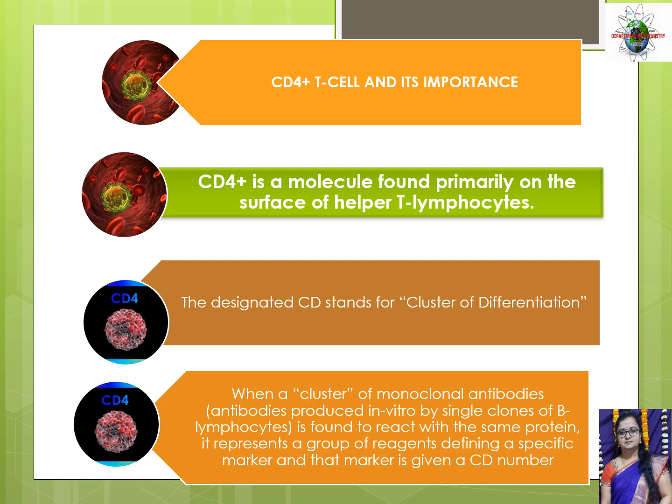CD4 cells. CD4 cells means clusters of differentiation 4. They are glycoproteins present on the immune cell surface such as monocytes, T helper cells, macrophages, and dendritic cells. CD4 T cells are pivotal, playing a central role in immune protection.